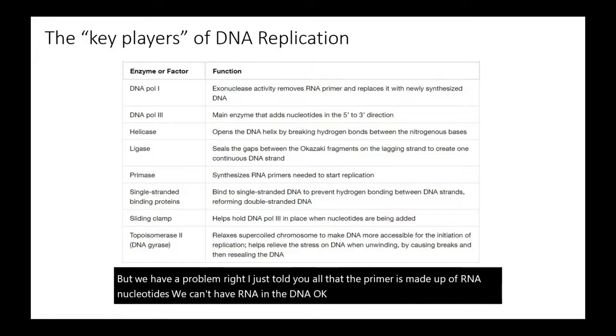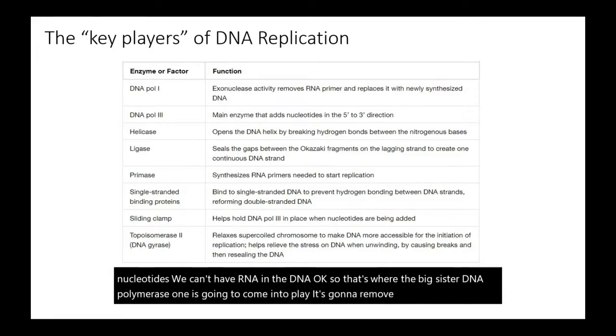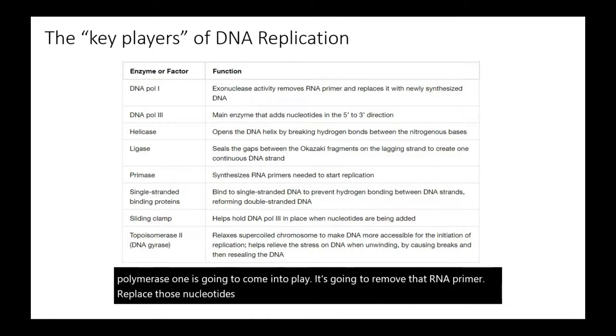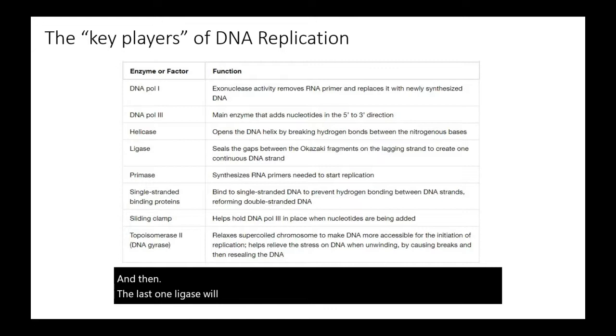So that's where the big sister, DNA polymerase 1, is going to come into play. It's going to remove that RNA primer, replace those nucleotides with DNA nucleotides, and then the last one, ligase, will come in and connect those two pieces together, okay?